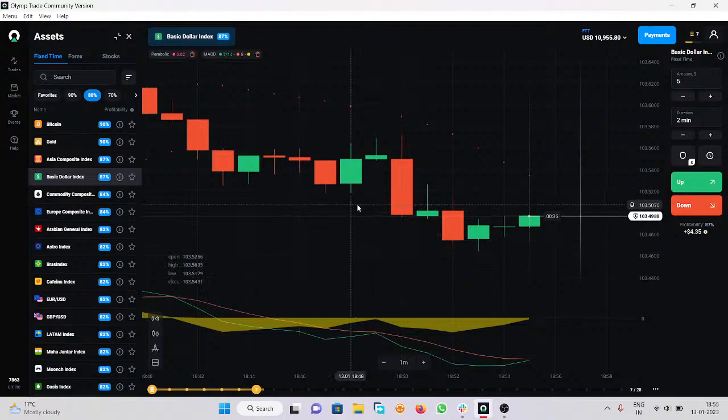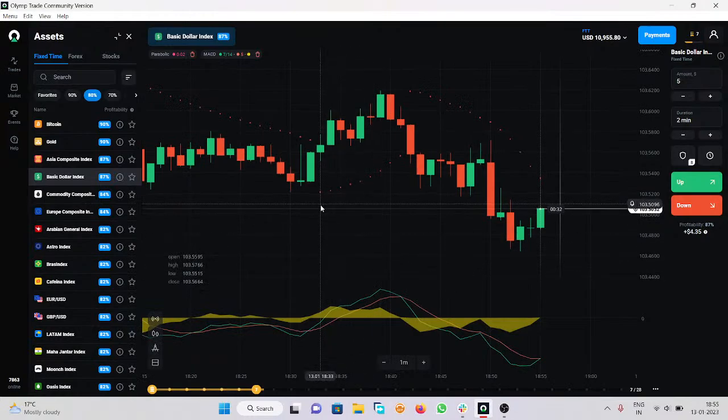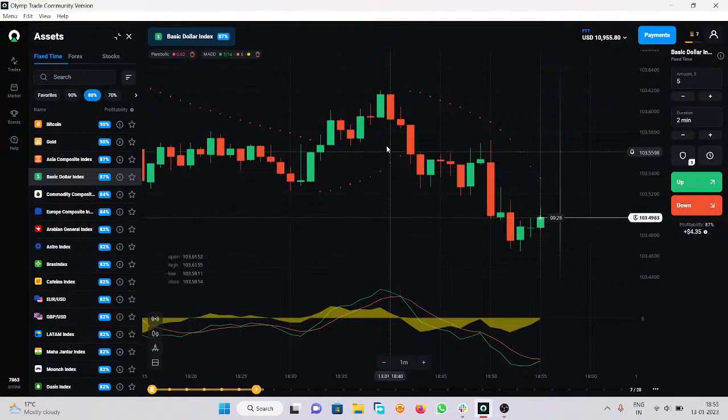Once the MACD crosses the line from down to up, we find signals for an uptrend, and once the MACD properly crosses the line from up to down, we will find the signal for a downtrend.